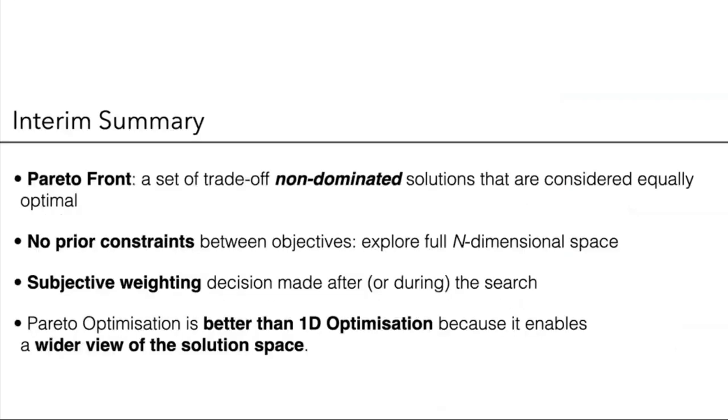depending on the context. So what I've described so far is I introduced to you Pareto front as a set of trade-off non-dominant solutions. And the reason that we could define this is that we did not make our subjective decision before going to search, but rather we were holding this until after the search.